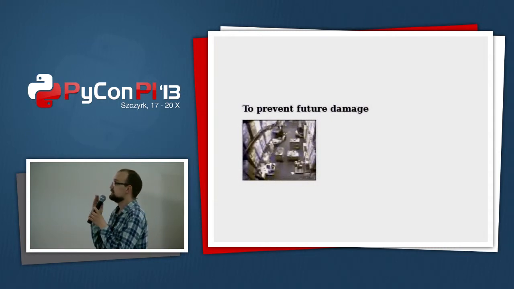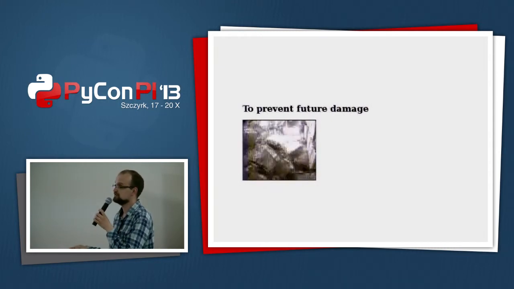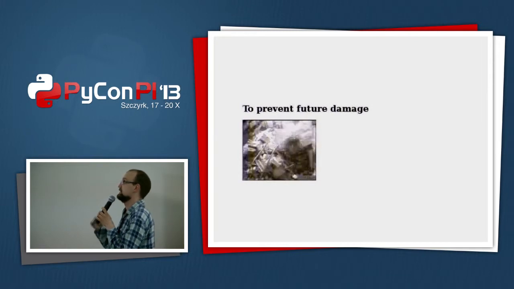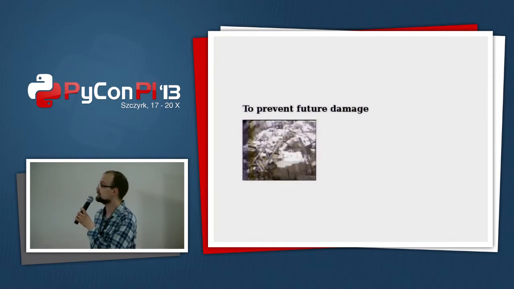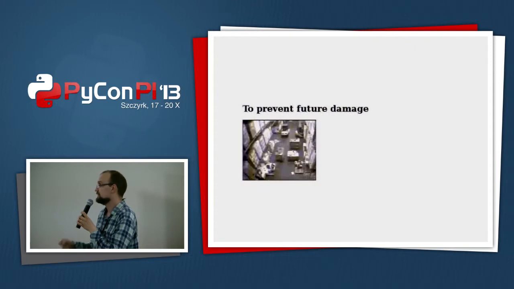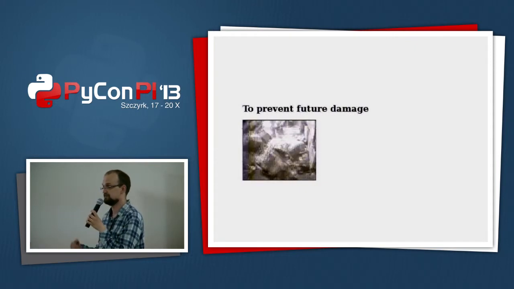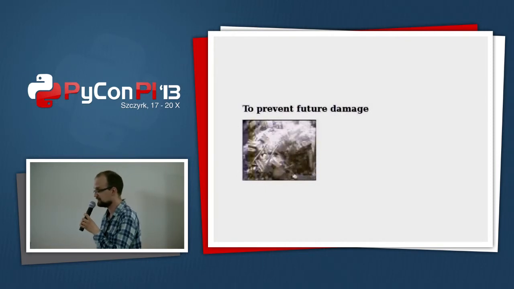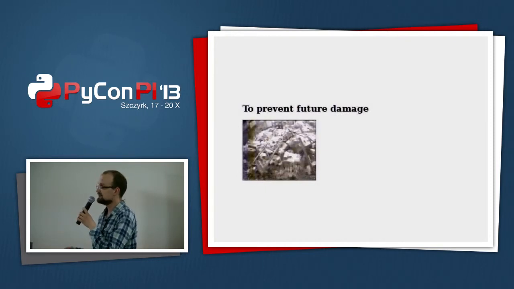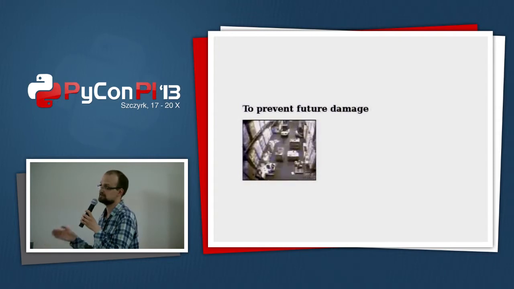So to prevent code regression, we write unit tests. We can, of course, use these tests with continuous integration. We can run these tests before we check in any code into the repository. I think it's the most obvious reason why we need tests.